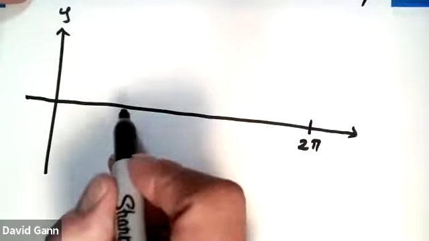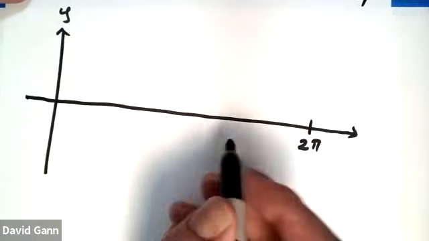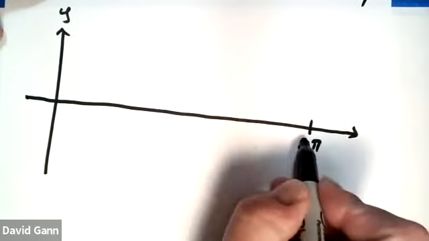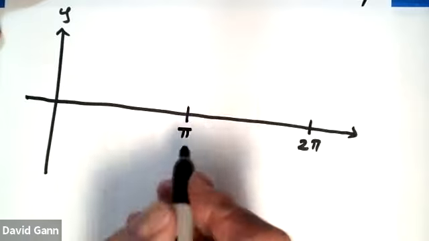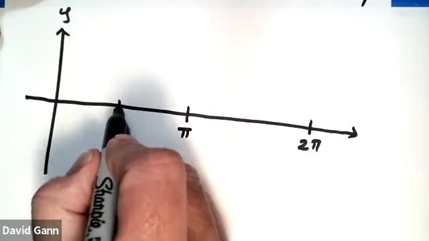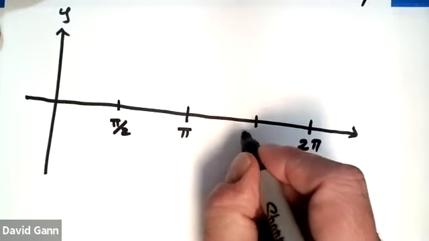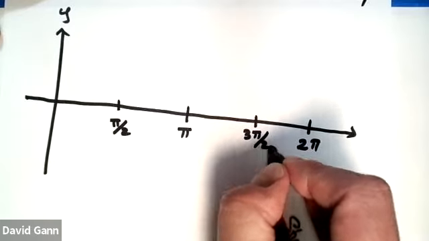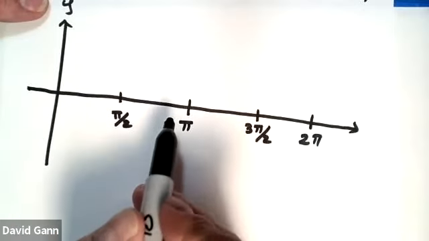And this is sort of the secret to dividing up these graphs, is to keep splitting them. So if this is 2 pi, then halfway between that is pi, and halfway between that is pi over 2, and 3 pi over 2. And then between these, we have halves and thirds.